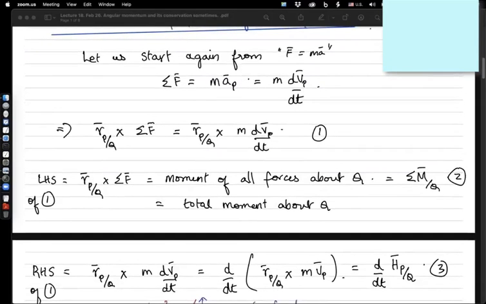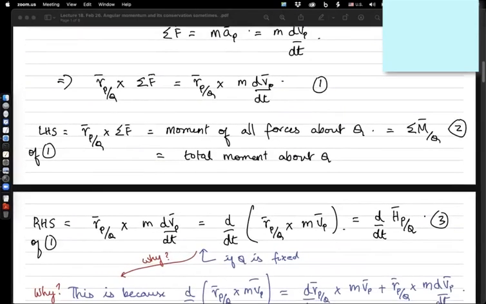Cool. Okay, so we have the sum of all moments about point Q. That's the left-hand side. The right-hand side, it turns out, is this quantity R_P/Q crossed with m dV_P/dt. I'm just writing that down here.